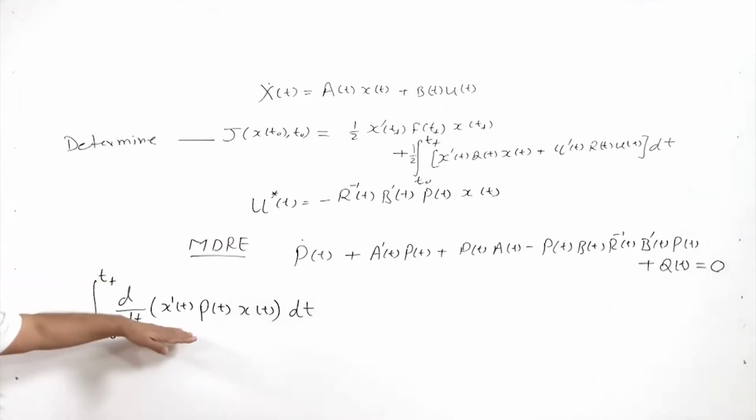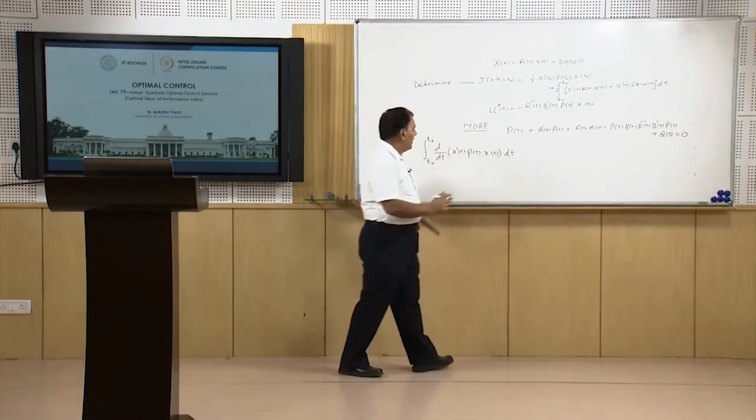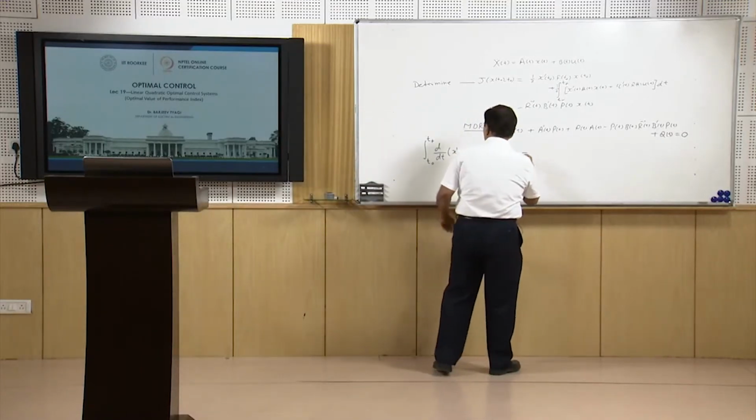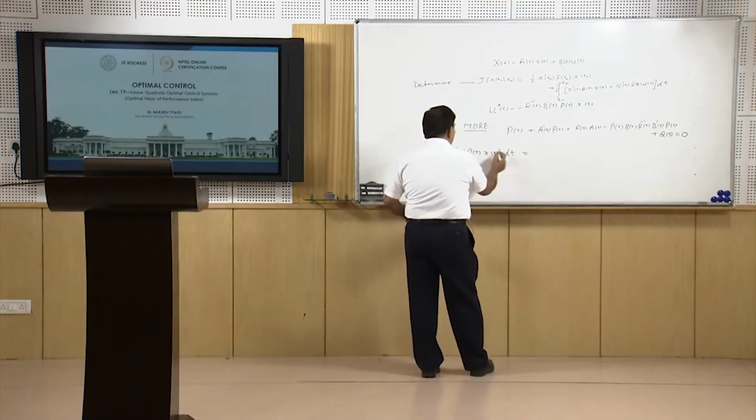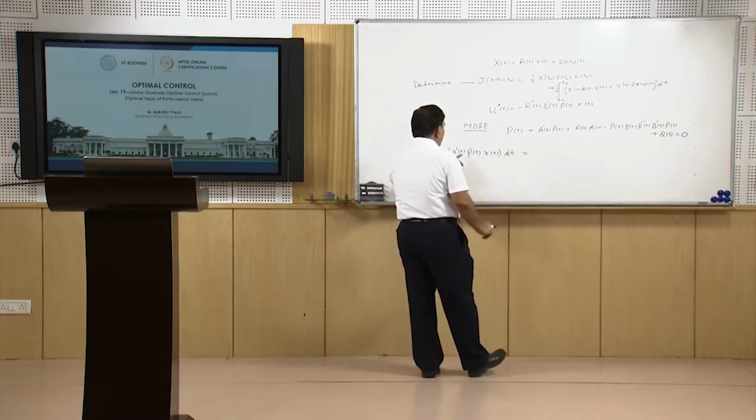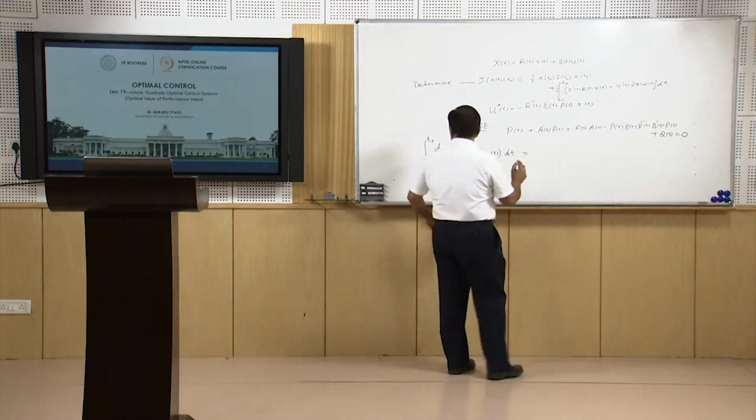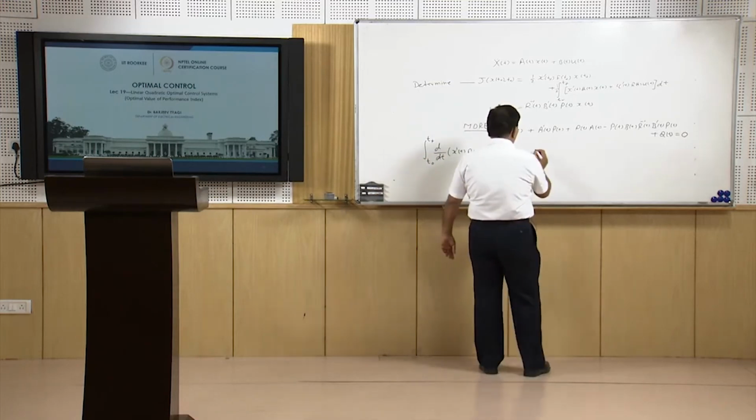What can we write for this? Because dt will be cancelled out, this is d of x transpose(t) P(t) x(t) with the limit t0 to tf.